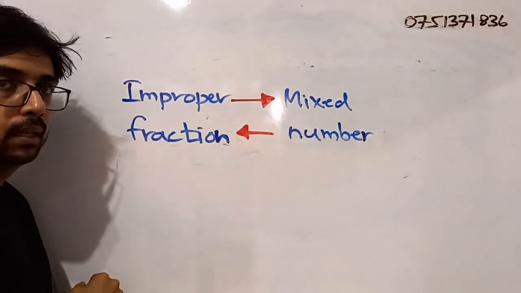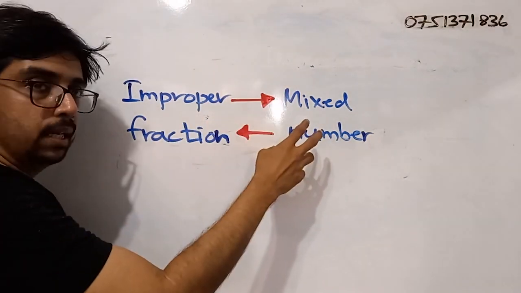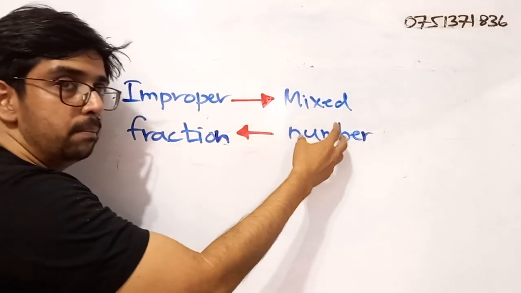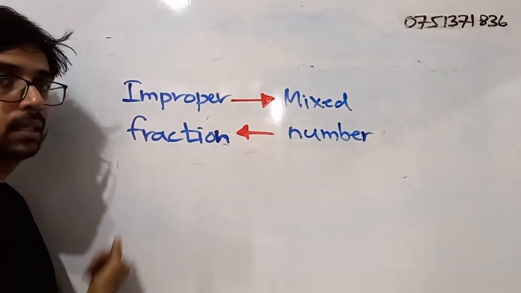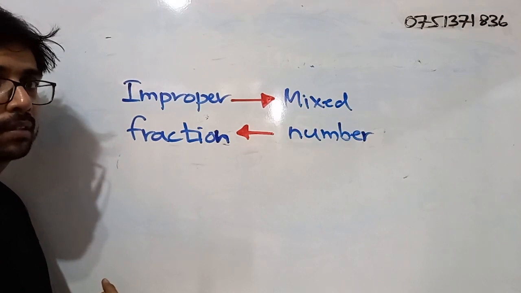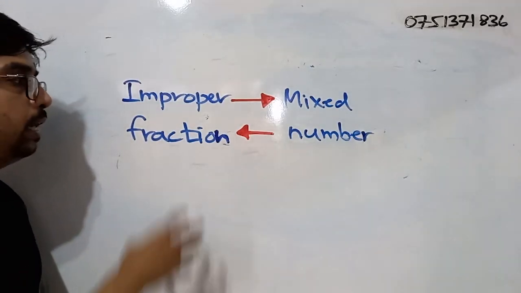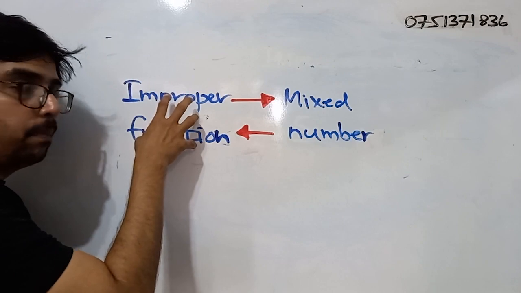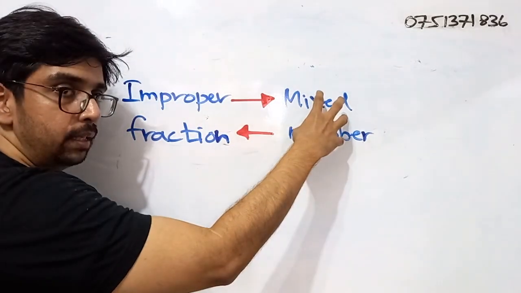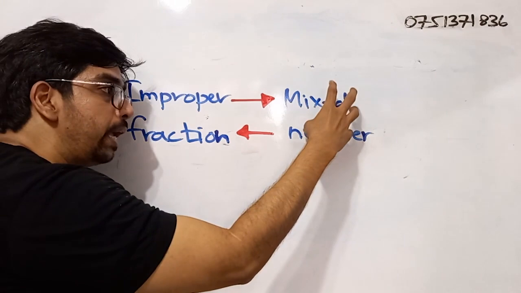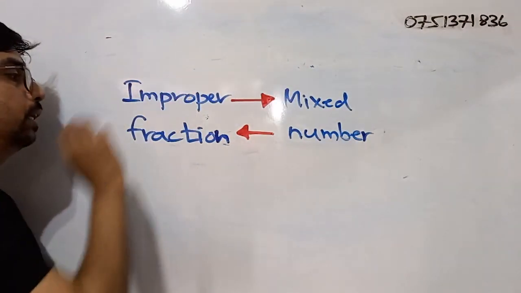A mixed number. In the same manner, a mixed number can be converted into what? An improper fraction. So any improper fraction can be converted into a mixed number, and any mixed number can be converted into an improper fraction.